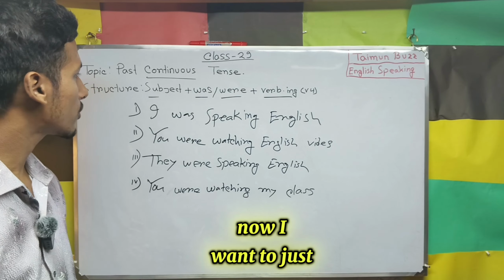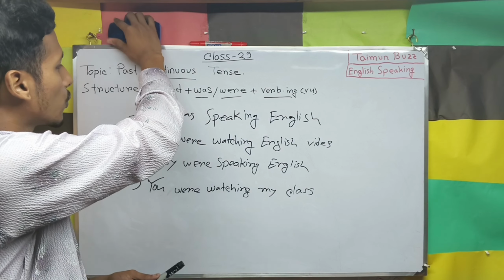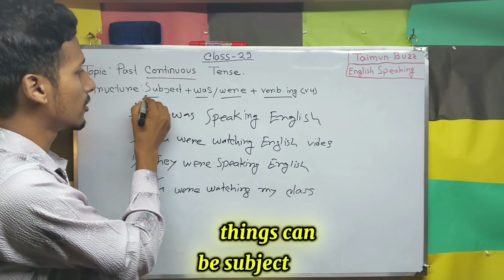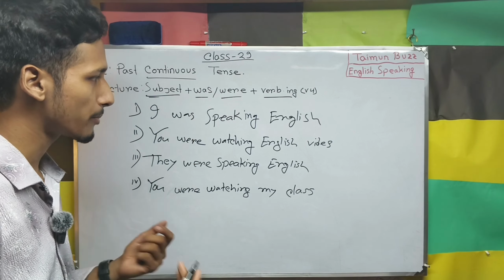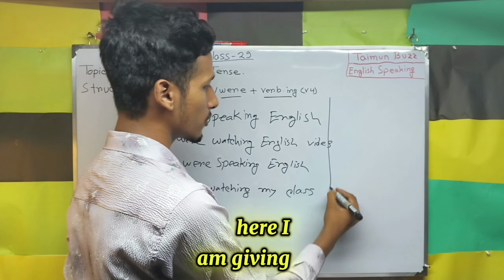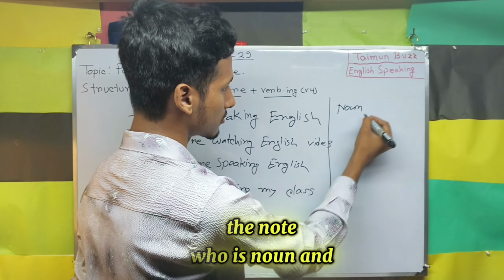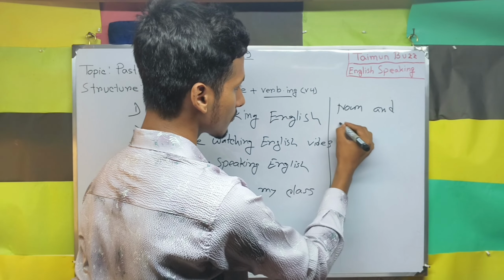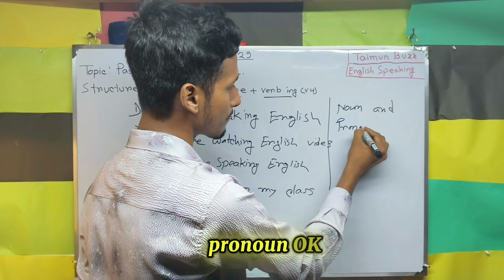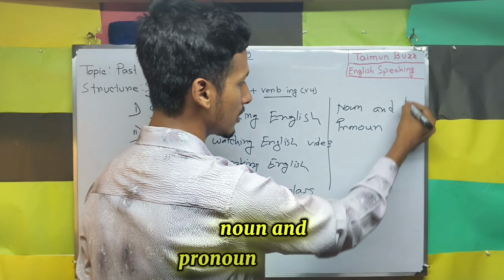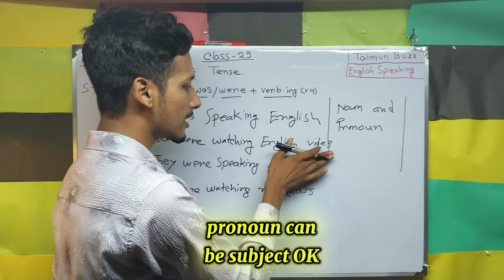Now I want to just give you a reminder of which things can be subject. Okay, first you need a subject to make a sentence. Here I am giving you the note which is noun and pronoun. Okay, noun and pronoun can be subject.